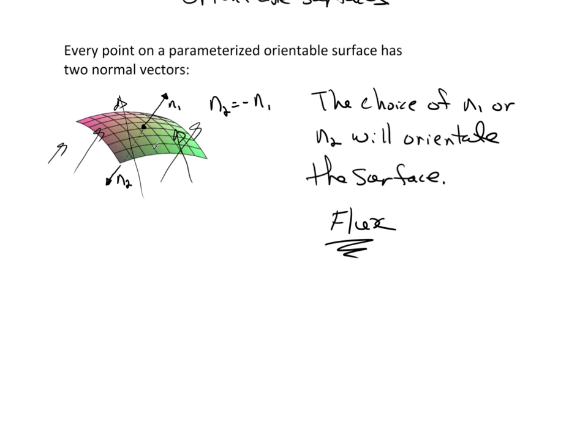We need to think of the surface as being some type of membrane that has no mass. It's not going to impede the flow. It's more like an invisible boundary of some type. Now, for this to have any meaning, the surface must have two identifiable sides.